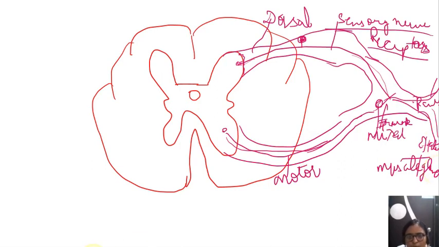Is it clear up to here? I just have to clear that this area is your sensory area and this area is your motor area. Fine.